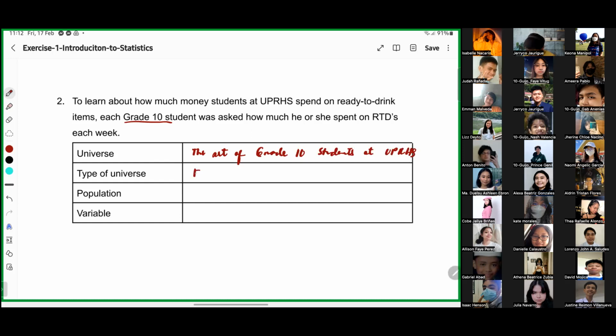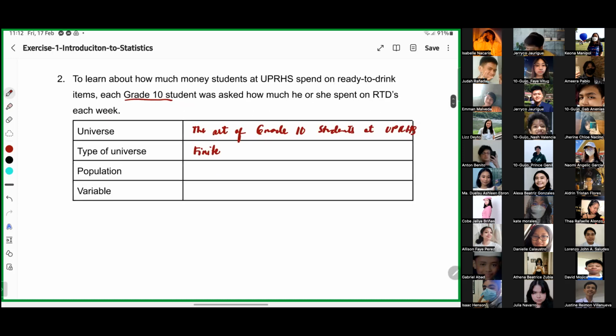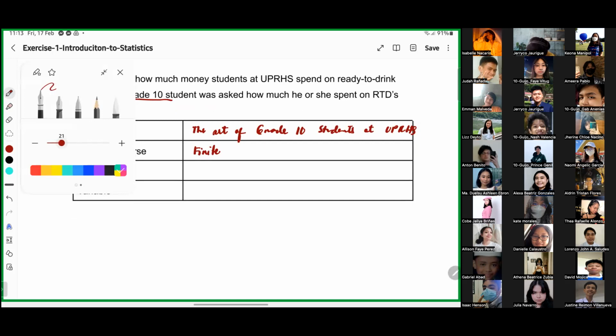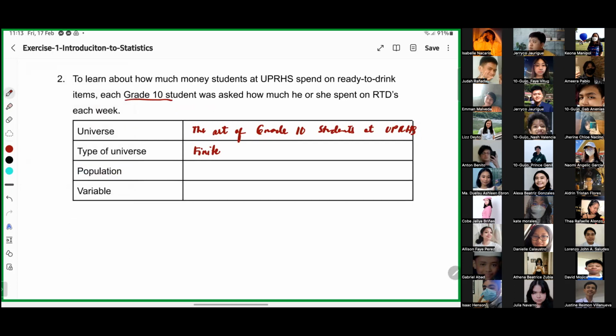Alright, finite. So let's identify first the variable. Ano yung gusto nating malaman? Amount of money spent on RTDs.